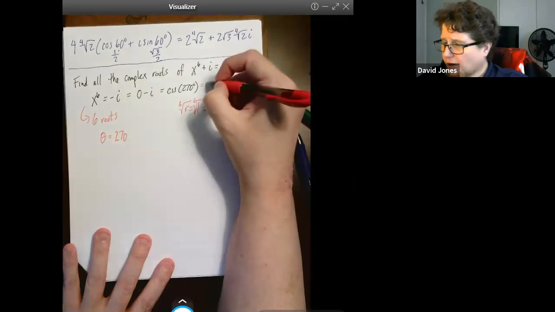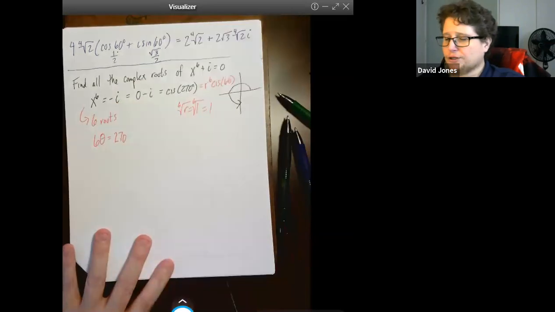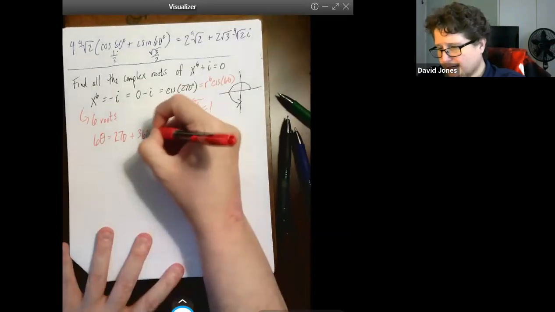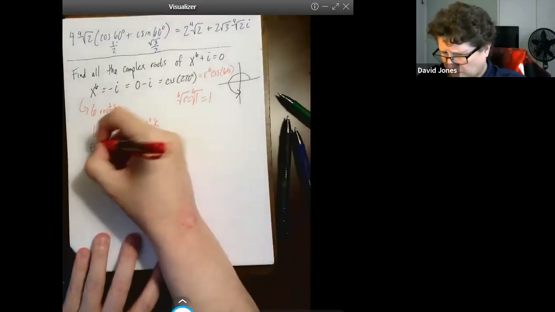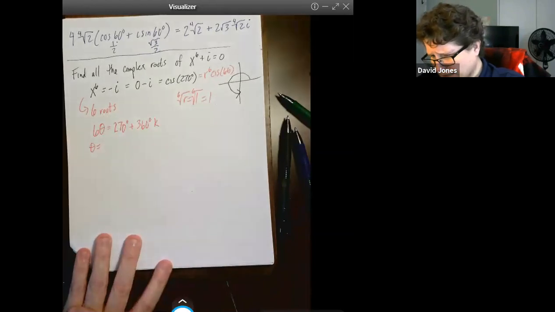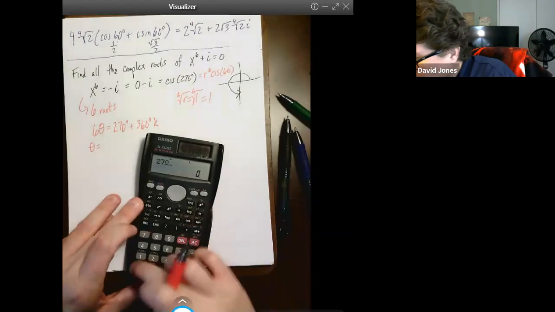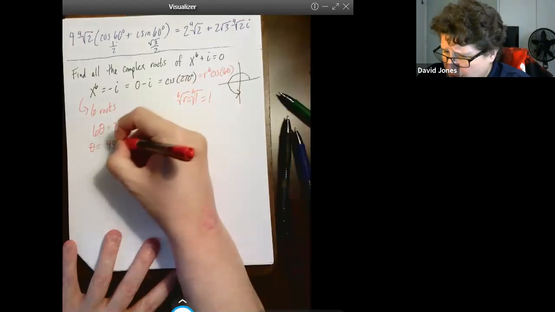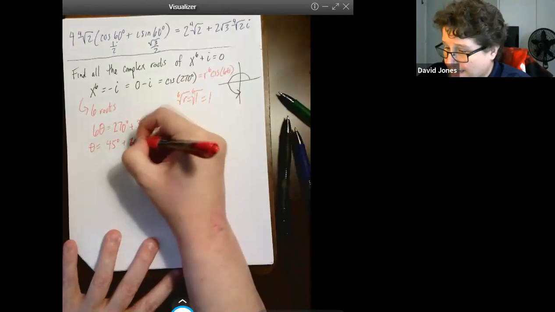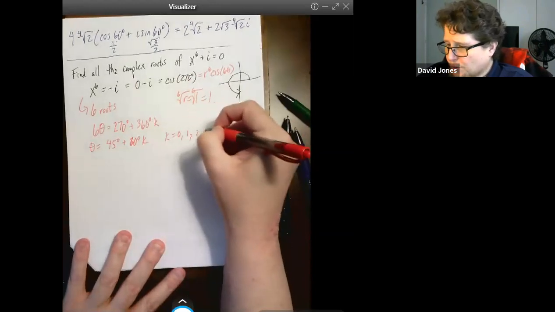This should be r to the 6th cis 6 theta. So 6 theta equals 270 plus 360 degrees K. 270 divided by 6, 45. Yep, 45. So 45 degrees plus 60 degrees K, for K equals 0, 1, 2, 3, 4, and 5.